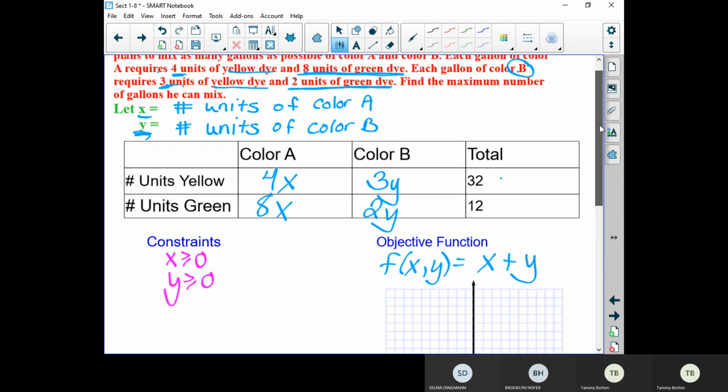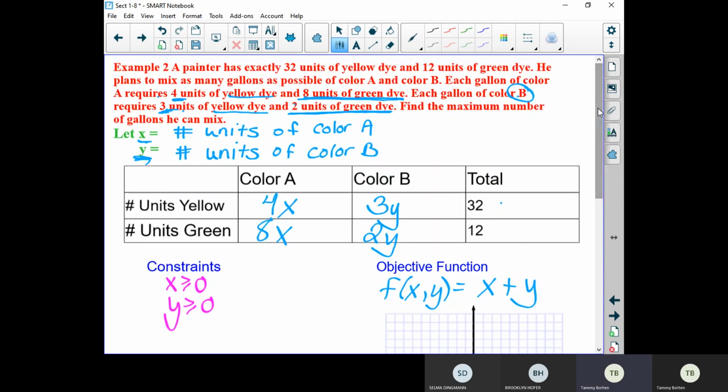Then they tell us that he has exactly 32 units of yellow dye and exactly 12 units of green dye. What that means is when we add these together, we can't be over 32. He doesn't have any more than 32.